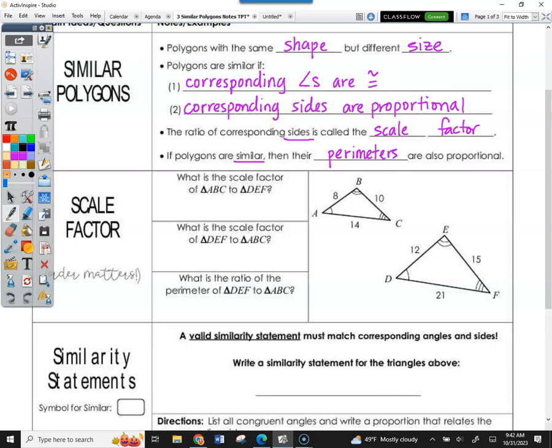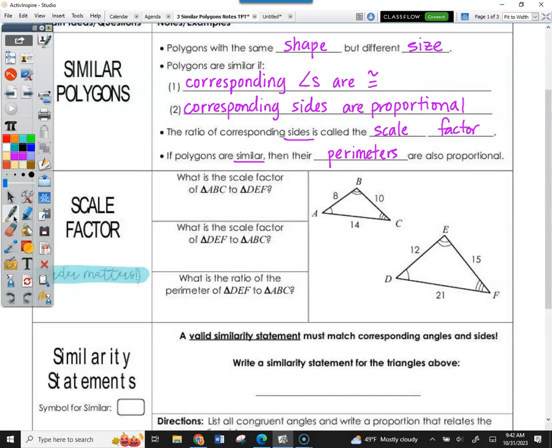Let's refresh you on scale factor. If you have a highlighter, it may be worth highlighting that the order matters on scale factor. Because if you arrange the numbers in one direction, you'll get an enlargement. If you arrange them in a different direction, you'll get a reduction. And those are two totally different things. So the order matters. How do you know what order to put it in?